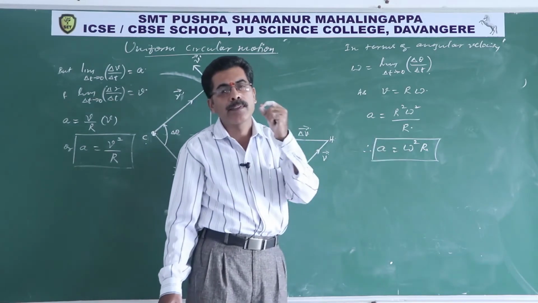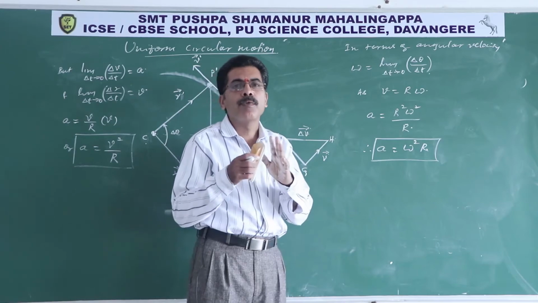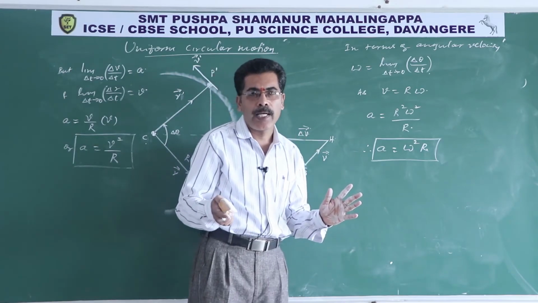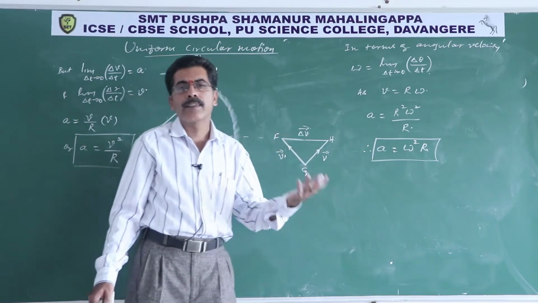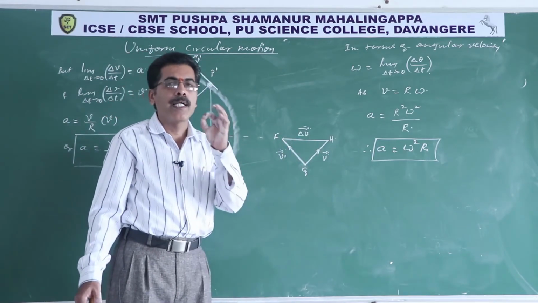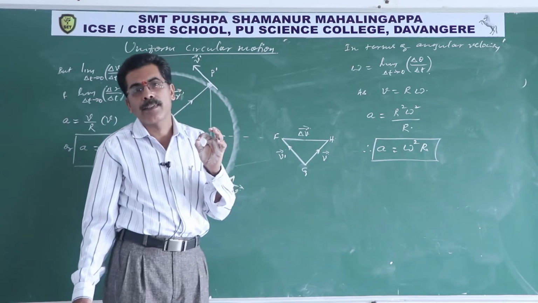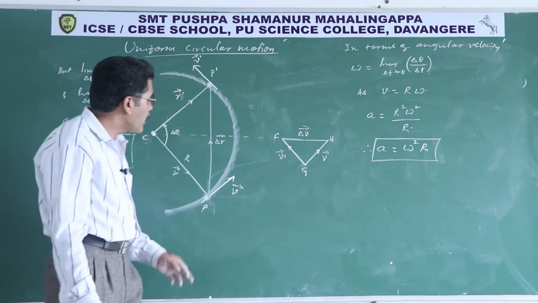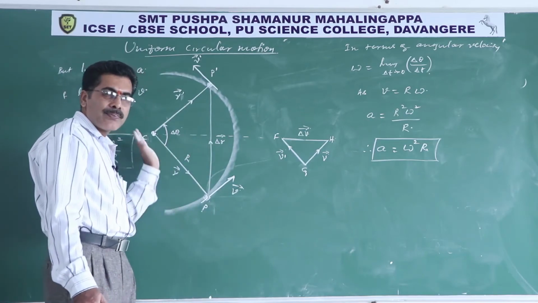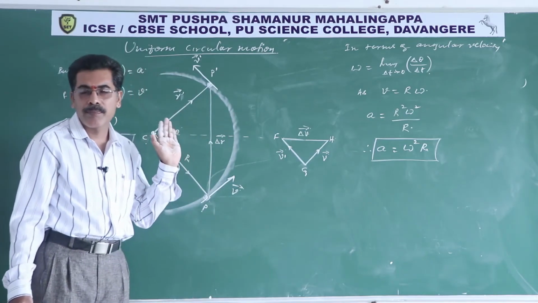Remember, acceleration and velocity are mutually perpendicular to each other. The angle between velocity and acceleration is 90 degrees, perpendicular to each other. There is only a radial component of acceleration.